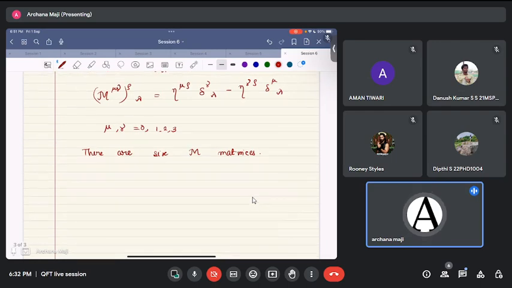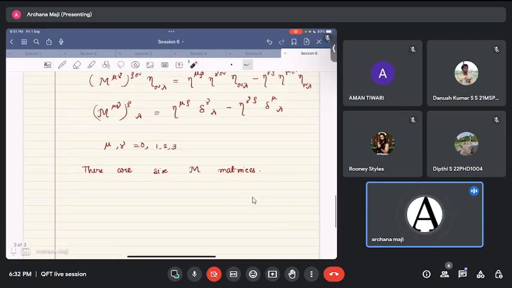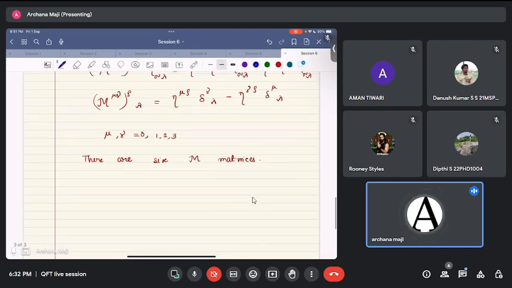So let us consider M. Just repetition: this rho and lambda denote the row index and column index of the matrix M, and mu and nu denote that there are 6 such matrices because it is antisymmetric under the exchange of mu and nu. So let's consider mu equal to 0 and nu equal to 1.